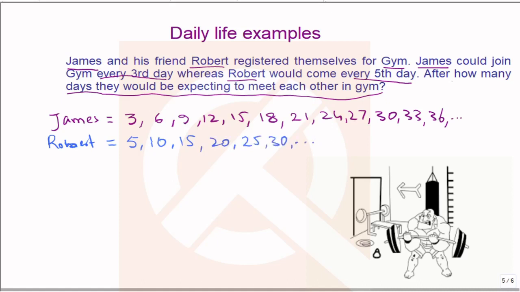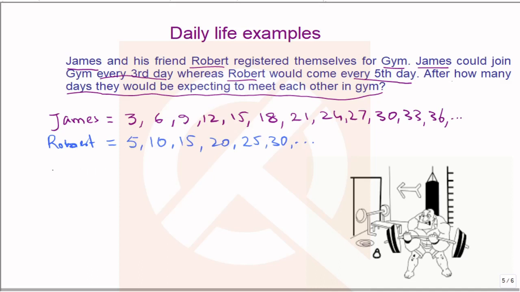So if we look at these numbers, these are the number of days, but apart from the days, if we consider these as numbers, I'll be looking for the common multiples. These are the multiples actually.